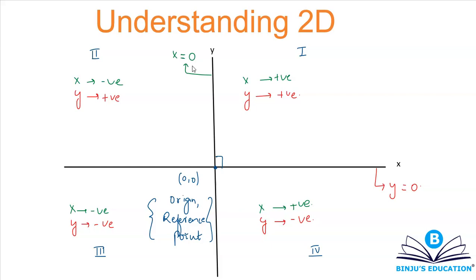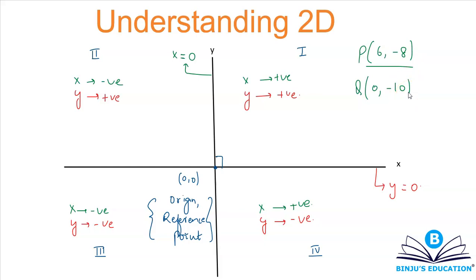For example, if I say that I have this point, let's say P (6, -8). So this point P will lie in which quadrant? Now x is positive, y is negative. That means fourth quadrant. You have another point Q, that is (0, -10). X is 0, y is minus 10. So where is y negative?